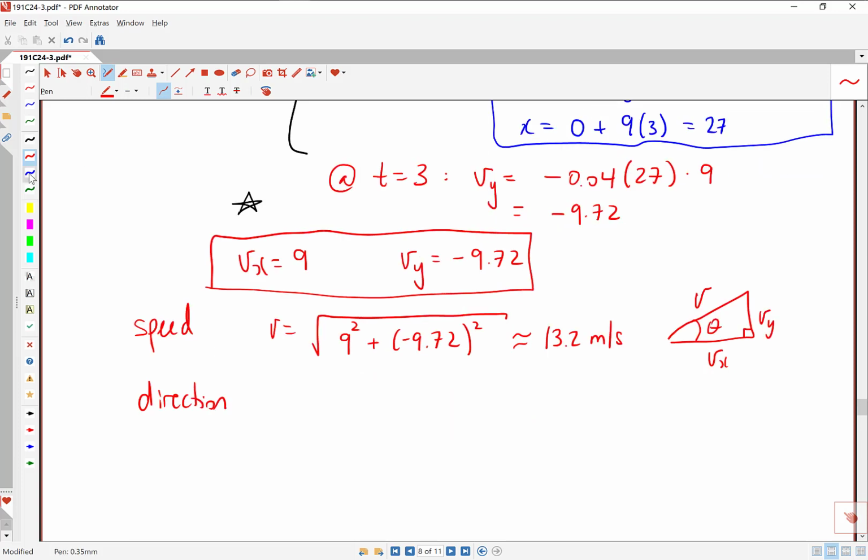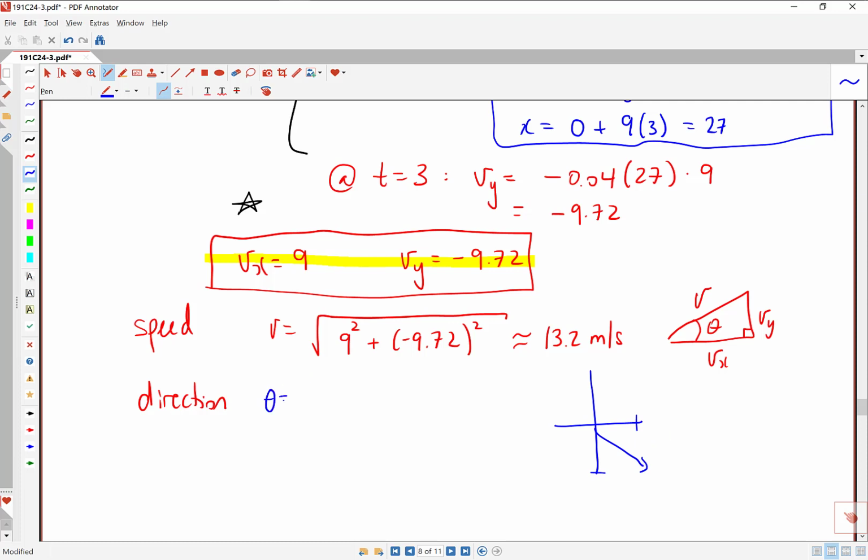Remember, it's always important to think about what quadrant you're in, because we may need to correct when we actually calculate our arctan function. So let's look here at our horizontal and vertical velocities. V sub x was positive, and v sub y was negative. So our angle is doing something like that. Because that point's right, no correction required.